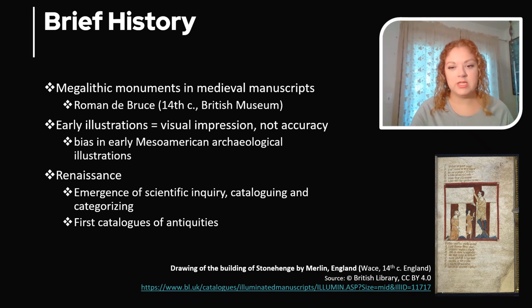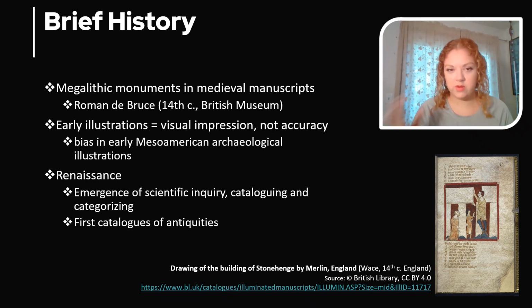Some examples I can give you are illustrations of early man or evolution, early illustrations of Neanderthal, or anyone from the Neolithic period. Also, a lot of illustrations from Mesoamerica, as this wasn't easily accessible to people, and they kind of, I'm going to say, let their imagination run wild a little bit.